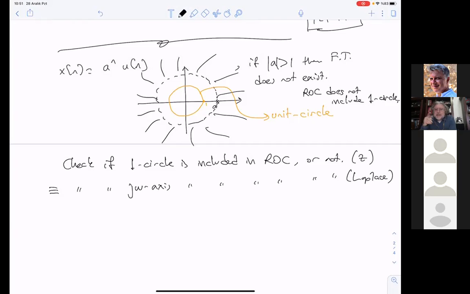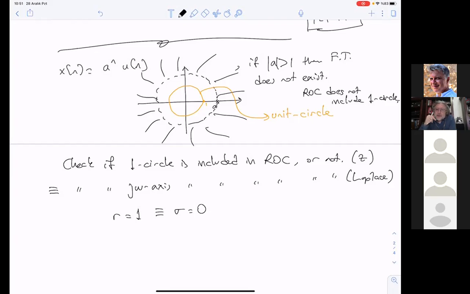Because the j omega axis means sigma is equal to 0, and e to the sigma becomes e to the 0, which is 1. So r equal to 1 is equivalent to the sigma equal to 0 case. A radius of 1, the unit circle, that orange circle that I have drawn, is essentially the j omega axis of the Laplace transform.